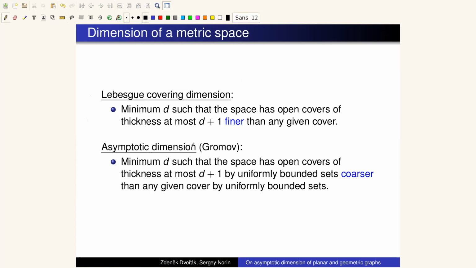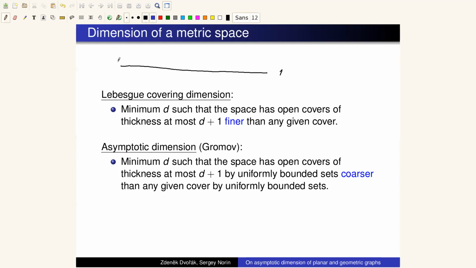a space has dimension at most d if you can get arbitrarily fine covers which have thickness at most d+1. And by thickness, I mean that every point belongs to at most d+1 elements of the cover. So for example, why does a line have dimension 1?